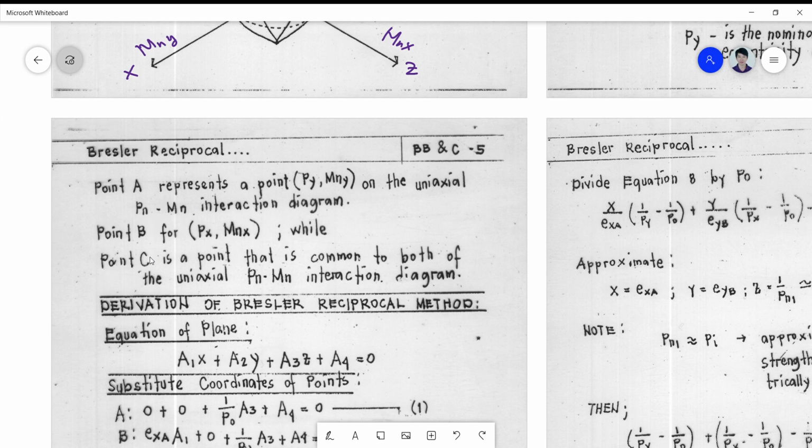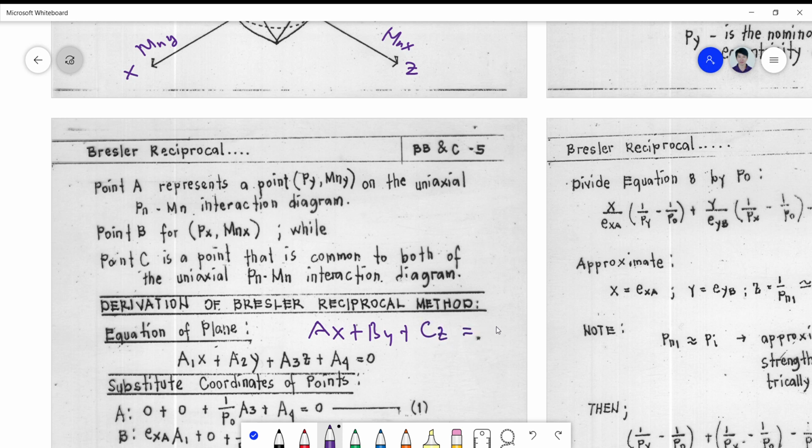and came up with these points A, B, and C. We know for a fact that the equation of the plane is simply A1x plus A2y plus A3z plus A4 equals 0. It's just like AX plus BY plus CZ equals a constant D. The constant D can be divided all throughout, such that this can simply equal unity.